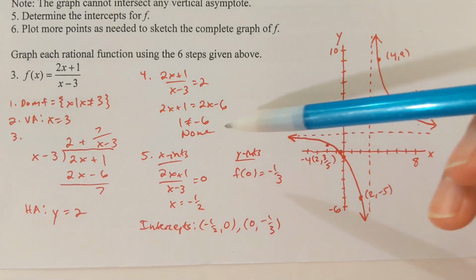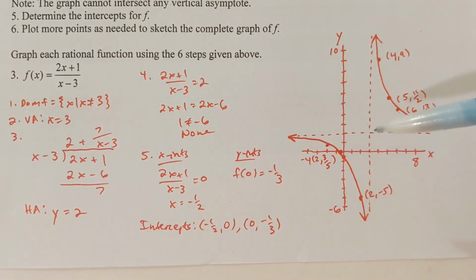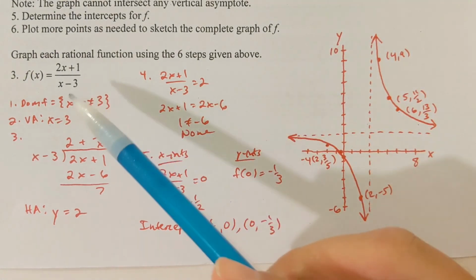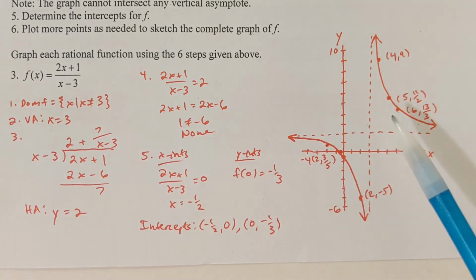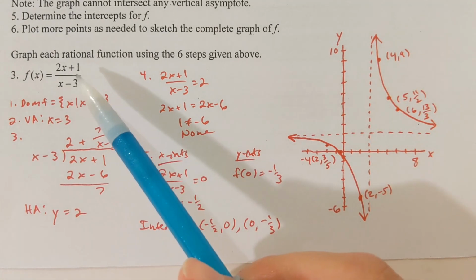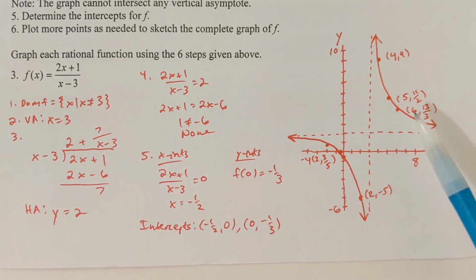We said in step 4 there are no points where the graph crosses the asymptotes. And I would need to graph some more points. So if x is 4, 2 times 4 is 8, plus 1 is 9, divided by 1 is 9. If x is 5, I get 11 over 2, so 5 1/2.